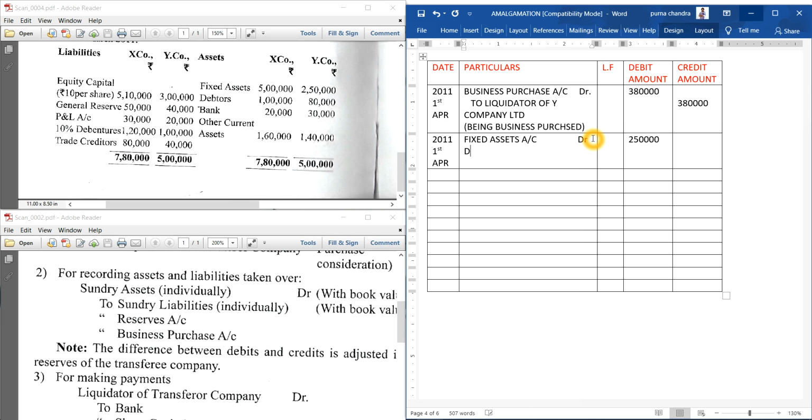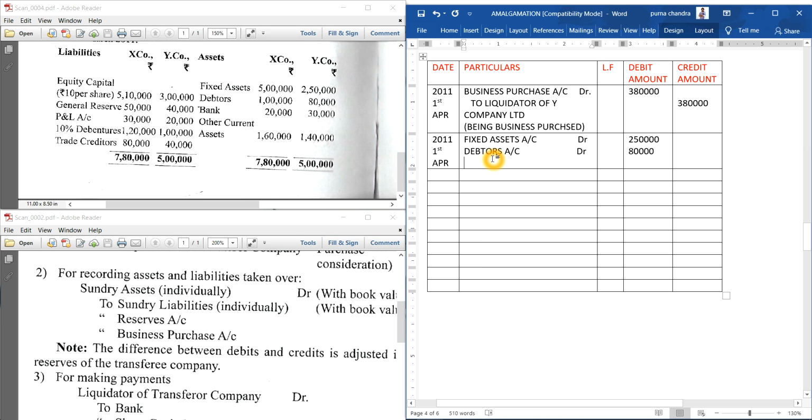Next, debtors account debit. How much, students? 80,000.